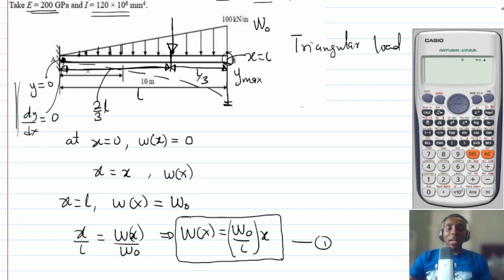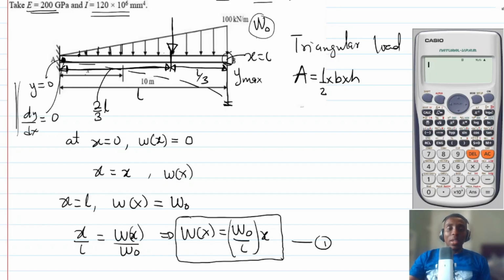What is the area under the triangle? So the area under the triangle is going to be 1/2 times base times height. This time the base is actually the length, and the height is W naught.